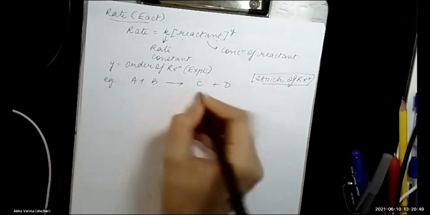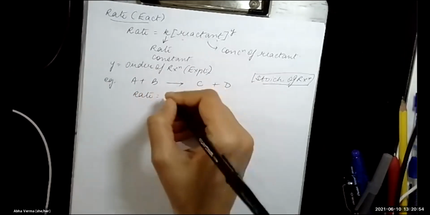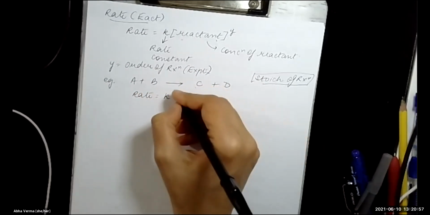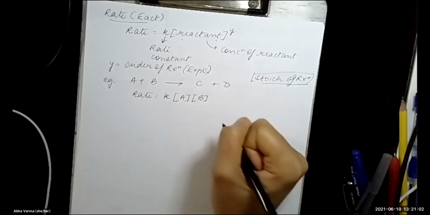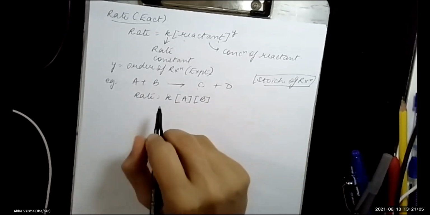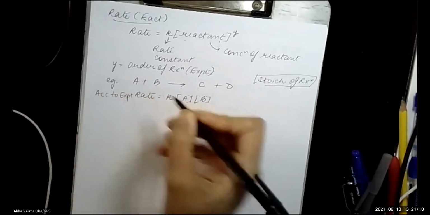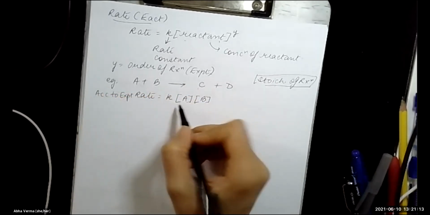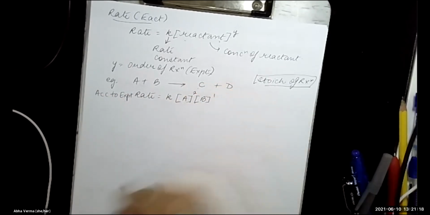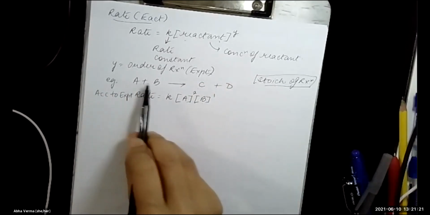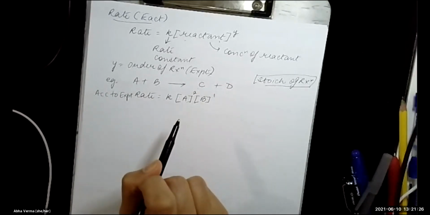So let's say that for this particular example, it was found that the rate is small k, and then concentration of the reactants, both the reactants. And according to the experiment, we see that the reaction is second order with respect to A and first order with respect to B. So please pay attention, the stoichiometries are different than your order of the reaction.